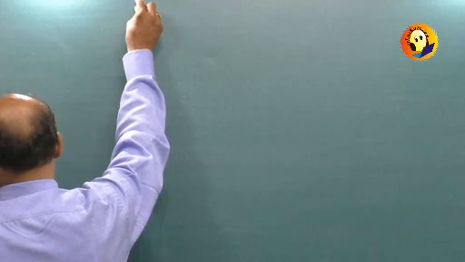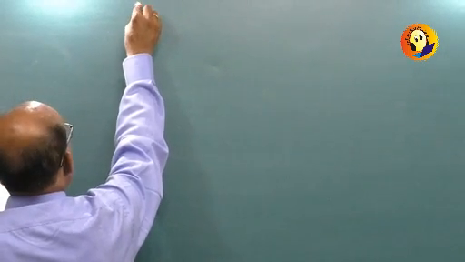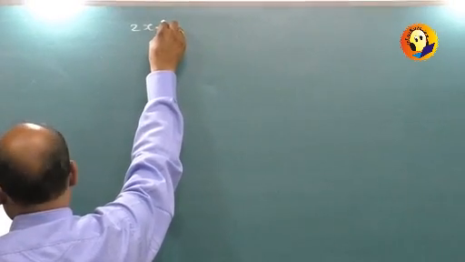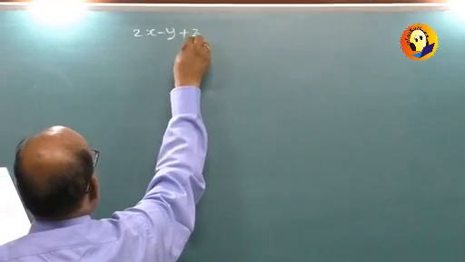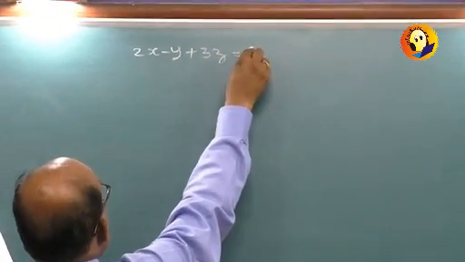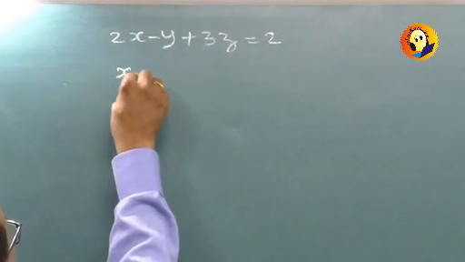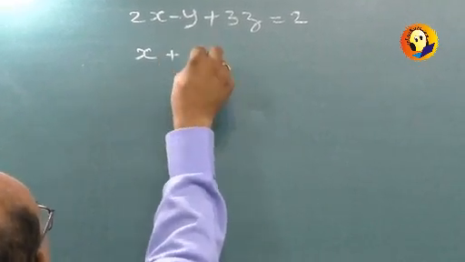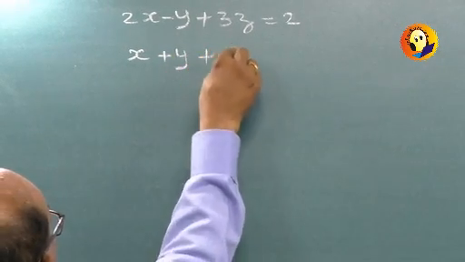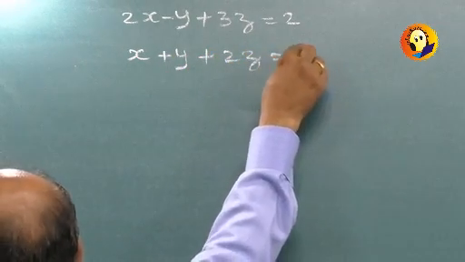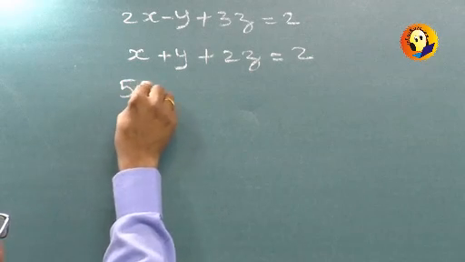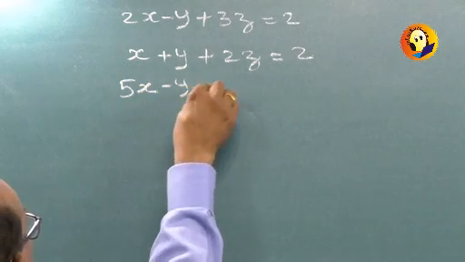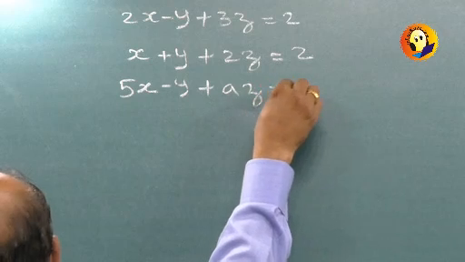Investigate for what values of a and b the system of equations 2x minus y plus 3z equal to 2, x plus y plus 2z equal to 2, and 5x minus y plus az equal to b.